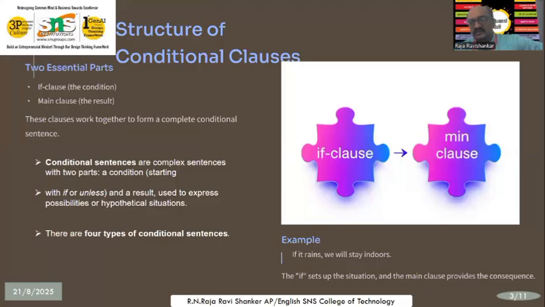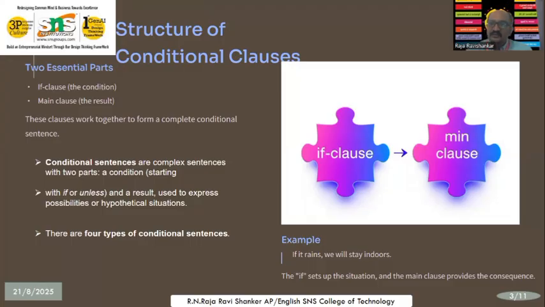Normally, the conditional clause is a complex sentence. It is not a simple sentence. If I, if we, if that. So the grammatical pattern of these sentences is actually very different. It can go like this. For example, the sentence that we have put in the slide is, if it rains, we stay indoors. There are three to four variations in these conditions.